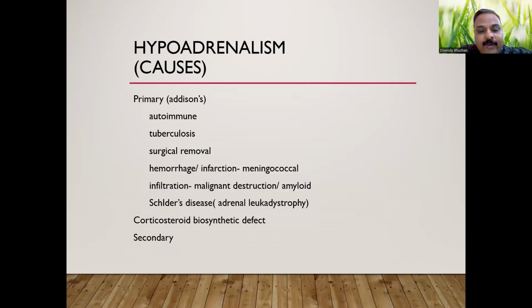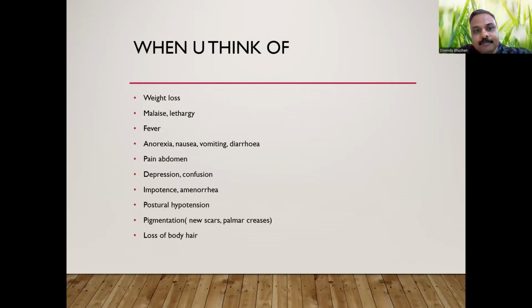Corticosteroid biosynthetic defects, or secondary hypoadrenalism: when the ACTH secretion is decreased, your adrenal secretes less cortisol. Autoimmune primary hypoadrenalism is very common, and when we find an autoimmune disease, we should think about polyglandular autoimmune syndromes, that is PGA.